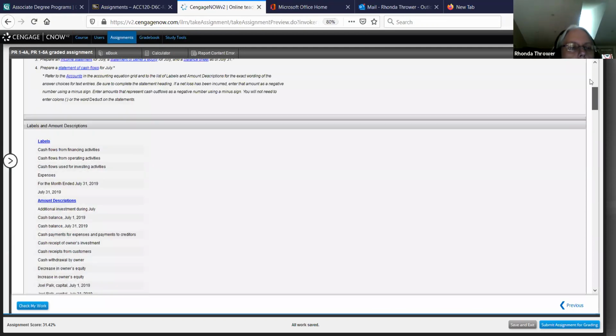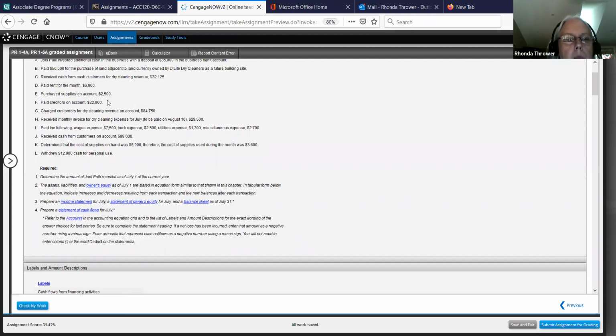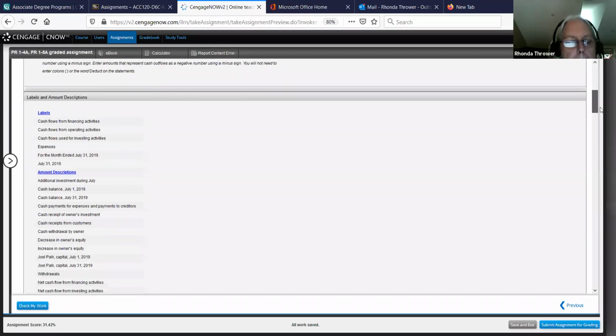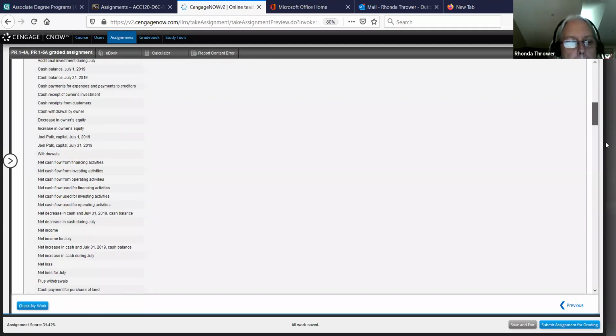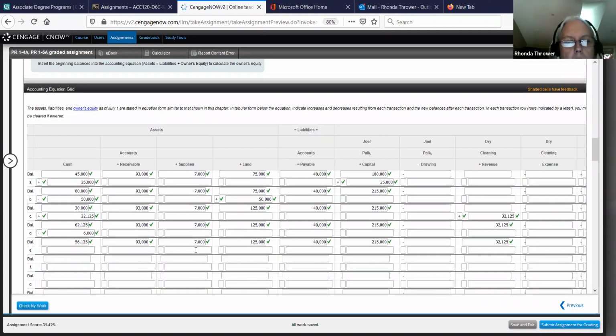So transaction E, we are purchasing supplies on account. What we're doing is we're buying supplies, and the amount that we're purchasing is $2,500. So I'm going to go to my supplies account.